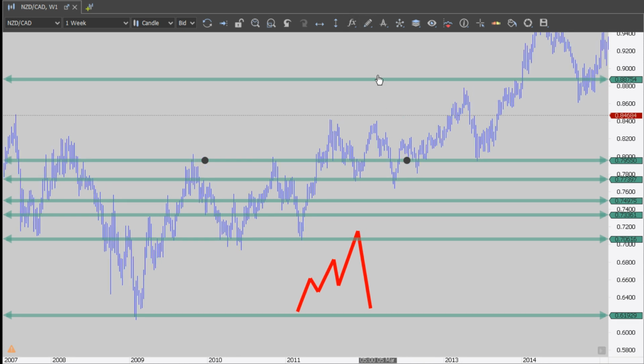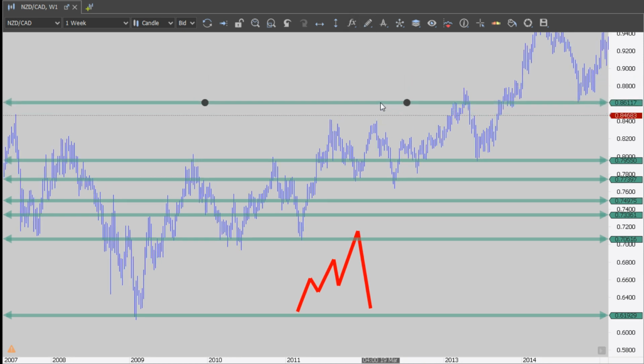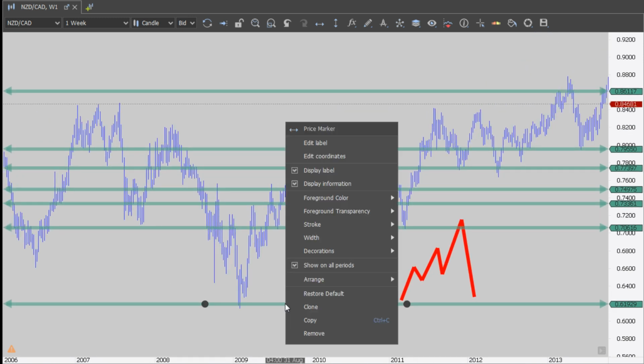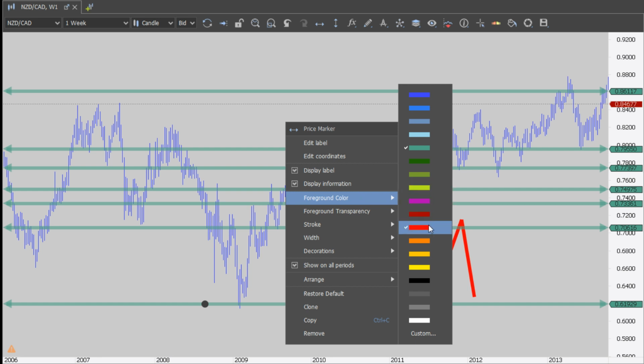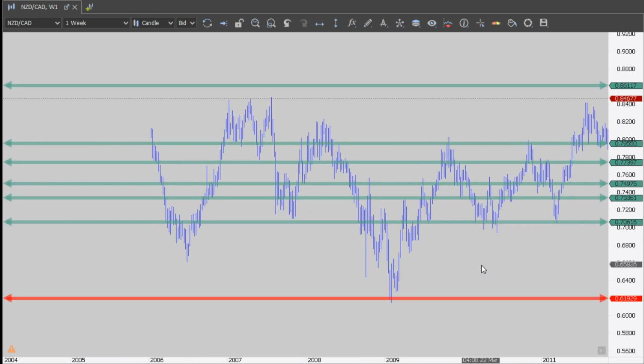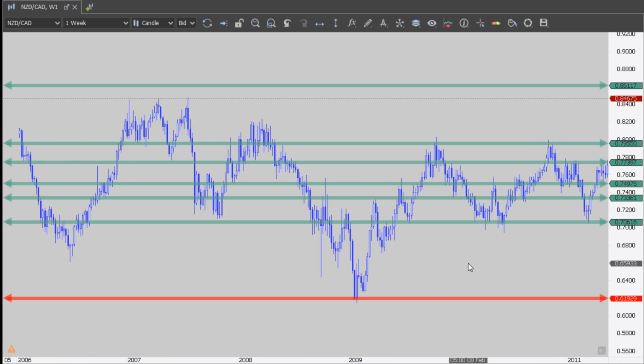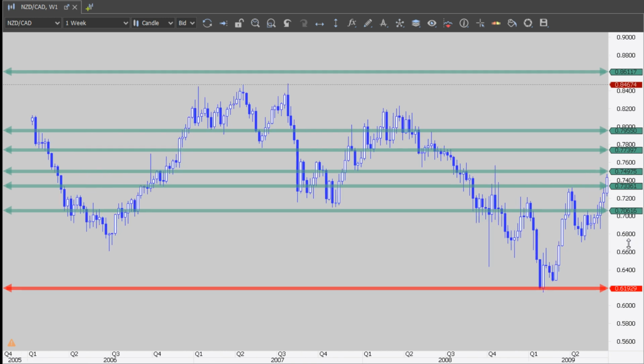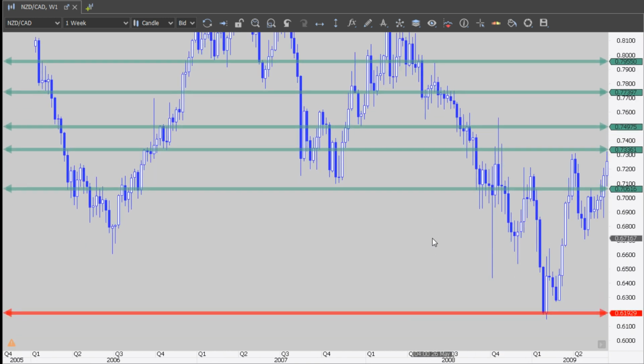And the last one is going to be somewhere in here. We are going to color code this in red, the lower band. And remember, this is a concept, everybody, and you can use the same logic on every time frame, on every currency pair, and in a downtrend it goes the same way, just in the opposite direction.